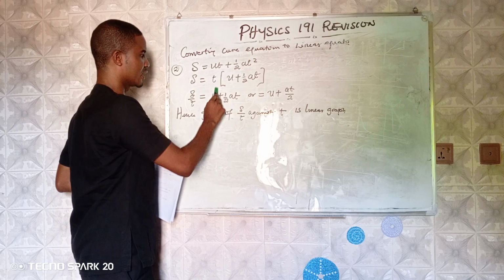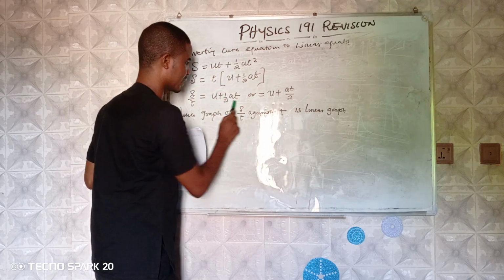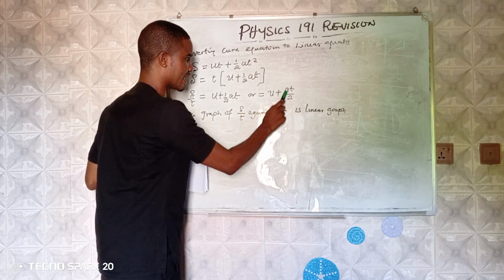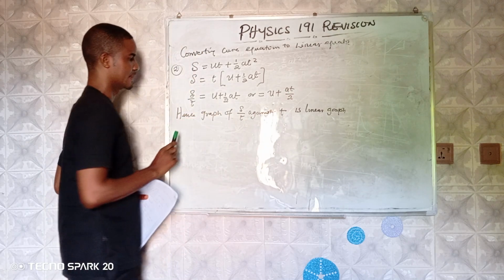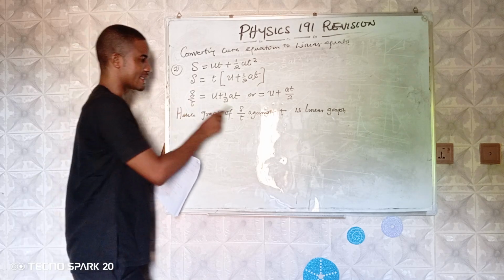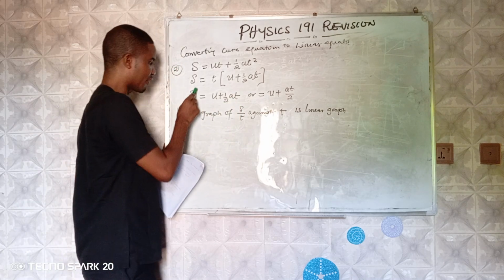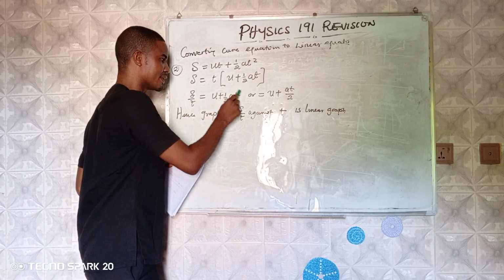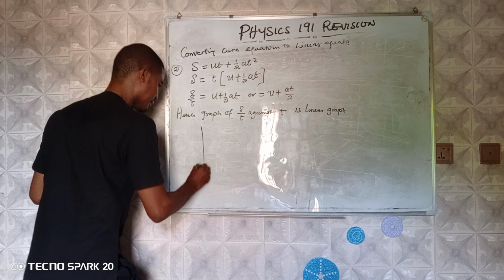If I divide the whole of this by t, t will go, and I have the whole of this only. That is half at, same as at over 2. So when I have this equal to this, if I plot a graph of s over t against t, I have converted this equation to a straight line graph. See what it's going to look like.